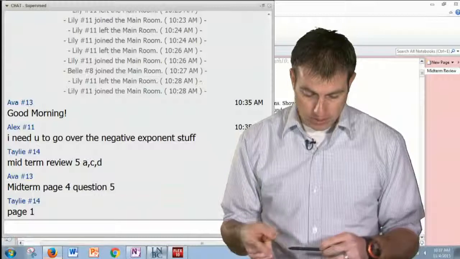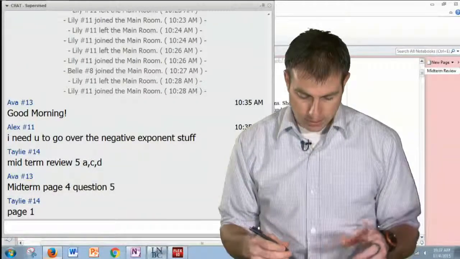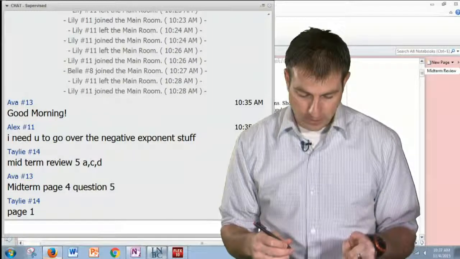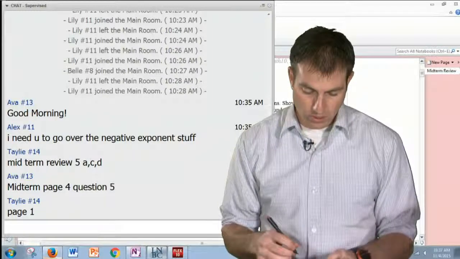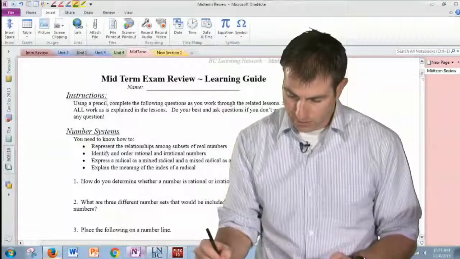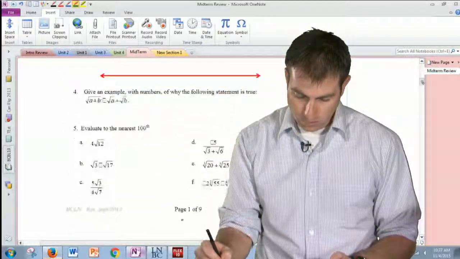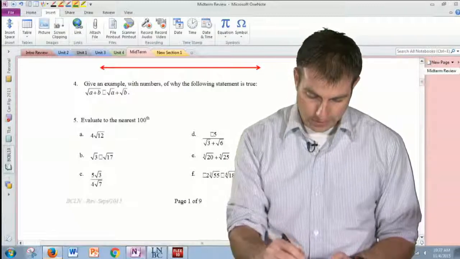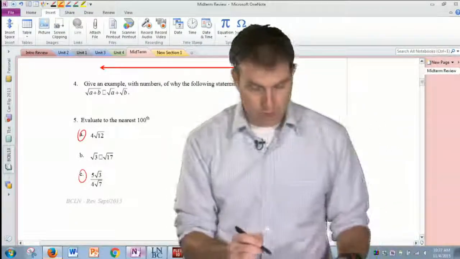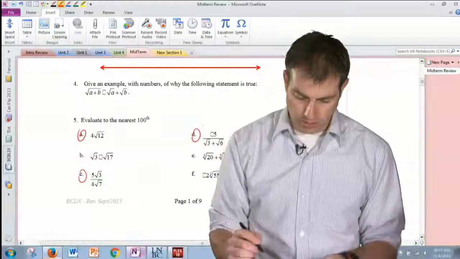Negative exponents, I'll see if I can find some of those questions, Alex. Midterm review 5 ACD, page 1, and page 4, question 5. So let's go page 1, 5 ACD to start. And this is A, C, and D. This is kind of calculator stuff.